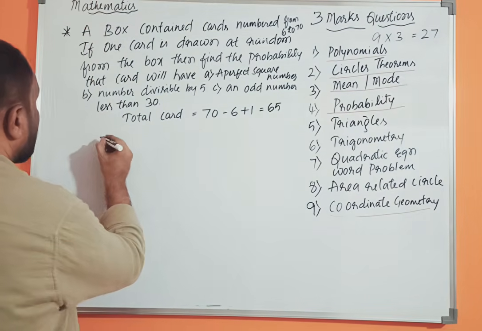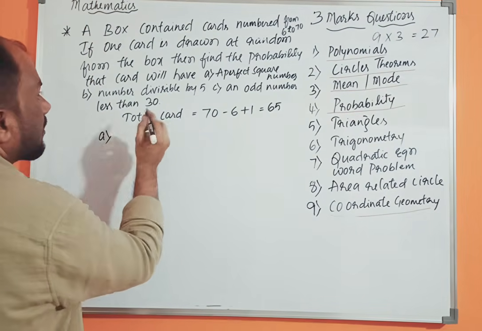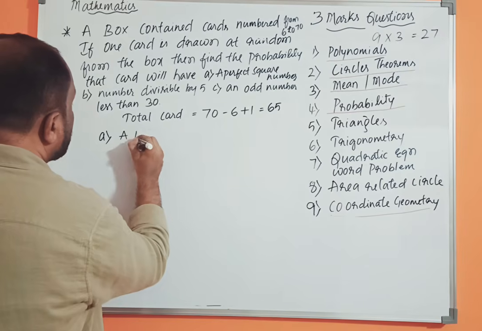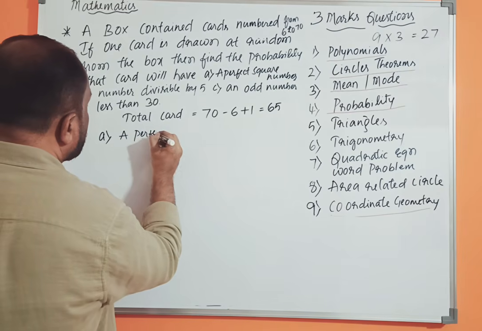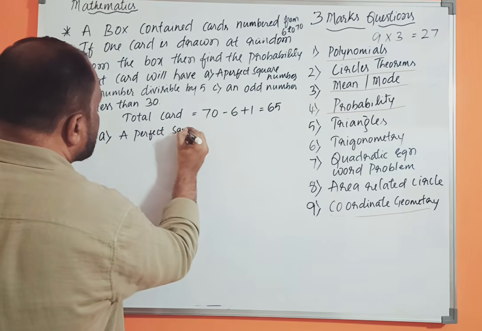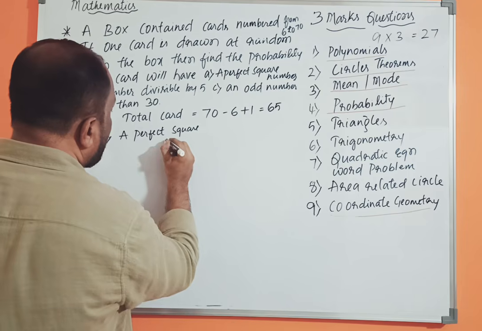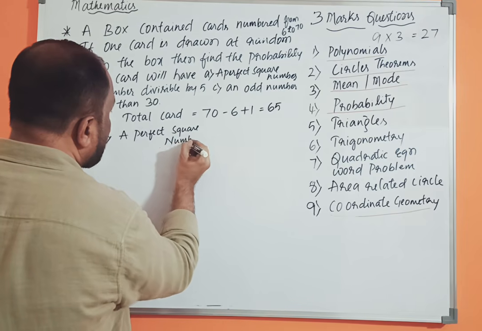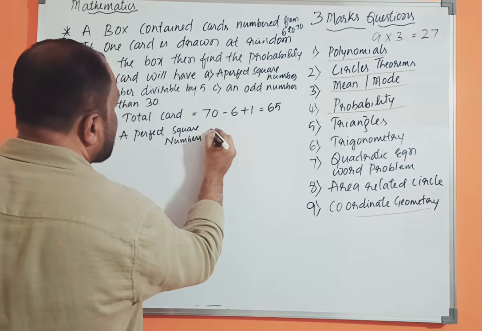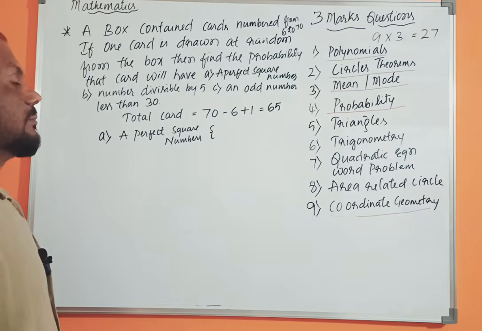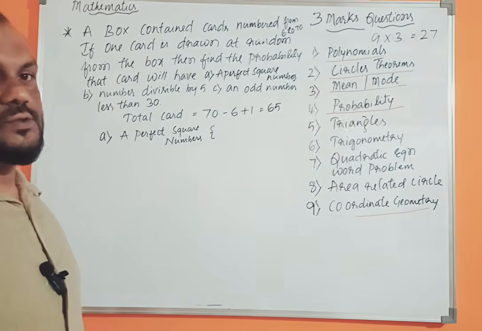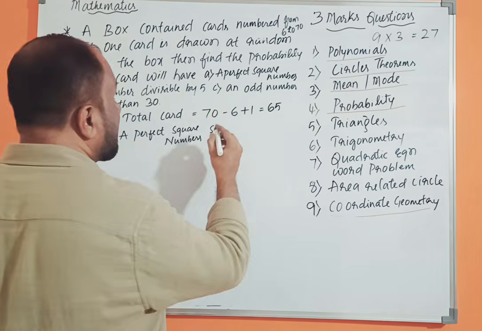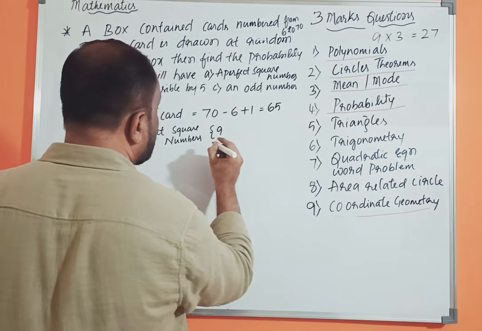The first one, perfect square numbers. From 6 to 70, the first one is 9, 3 square.